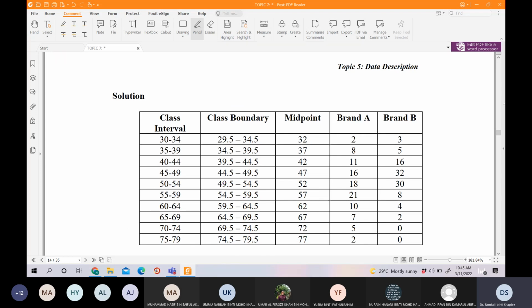So is this class boundary for the x-axis or y-axis? Feroz Khan, is class boundary in the y-axis or x-axis?